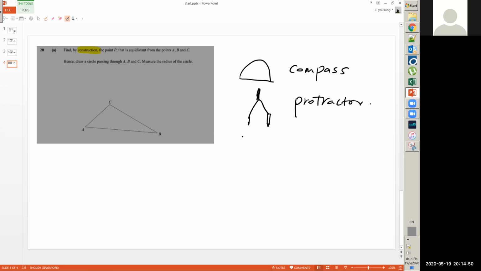The compass is for you to measure angles, then the projector is for you to draw circles and draw lines. And of course you also need the triangular rulers.